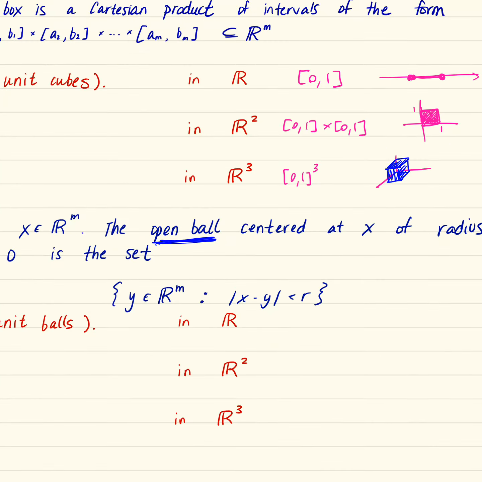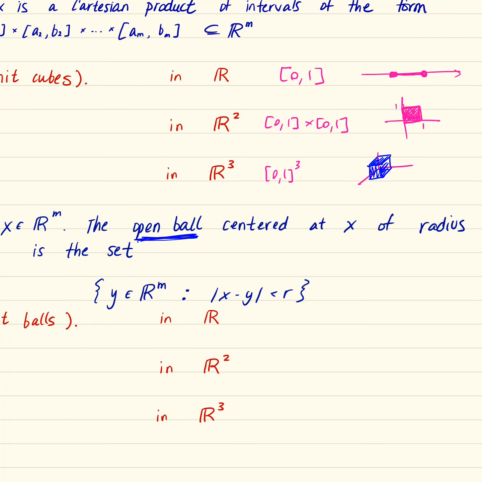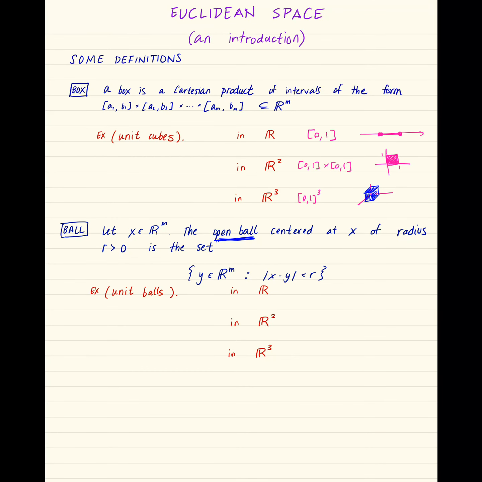So what does the unit ball mean? Now, unit ball means we are centered at the origin, and r is equal to 1. So the radius is equal to 1.